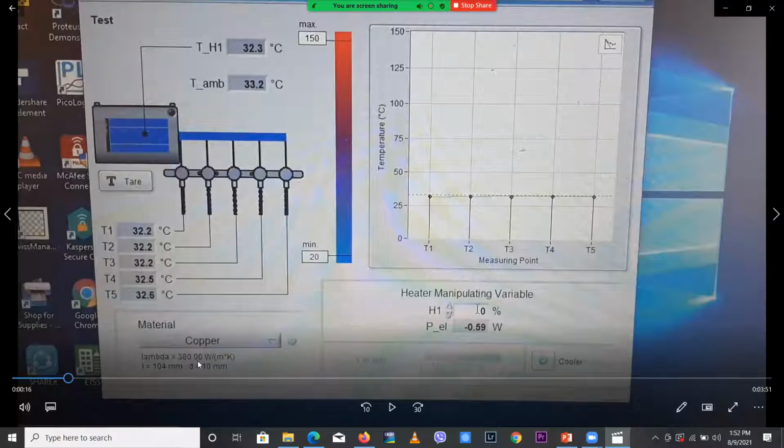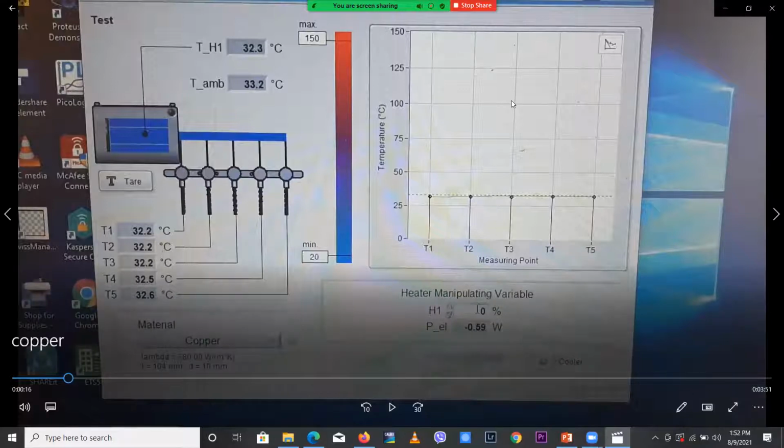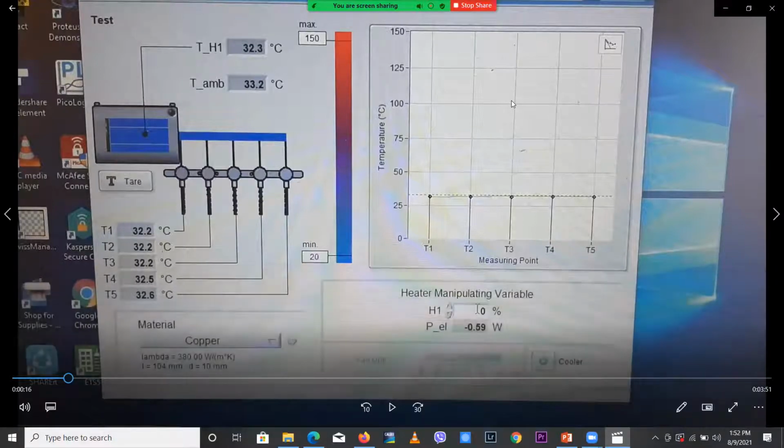Other materials you will understand later. So which metal is better in heat transfer through conductivity, you have to understand by looking at the temperature graph, the temperature curve.